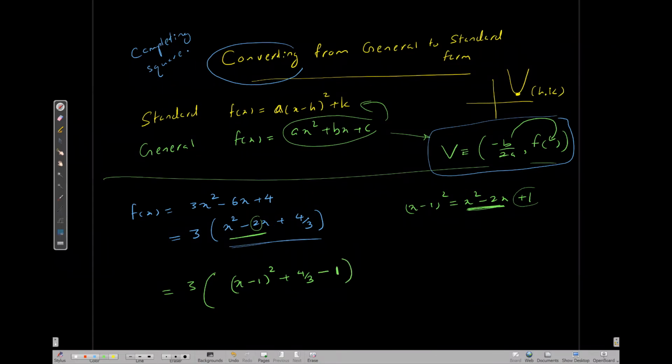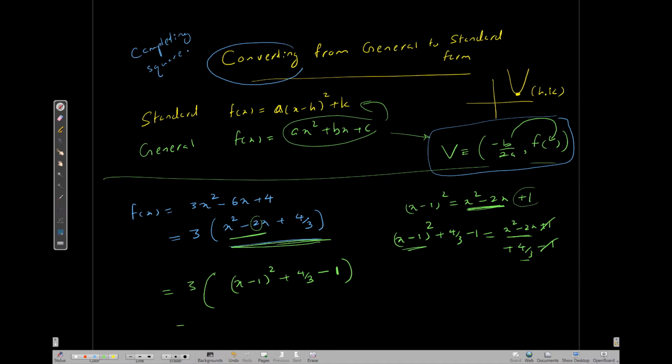Do you get it? Because see, (x minus 1) squared plus 4 over 3 minus 1, and you know this part is x squared minus 2x plus 1, and then plus 4 over 3 minus 1, and this will cancel. You already have this part, which is exactly the same as right here. So this is completing the square, guys.